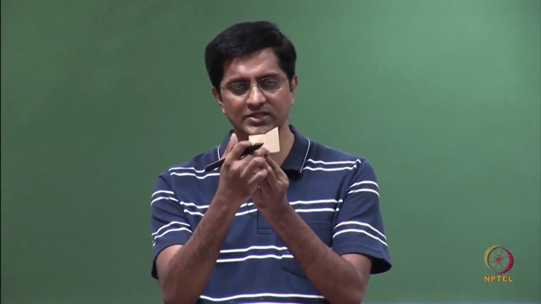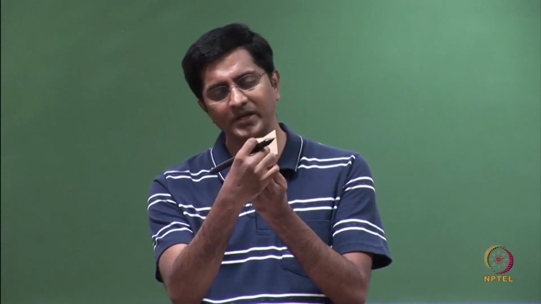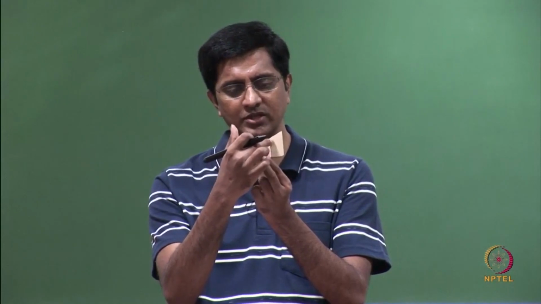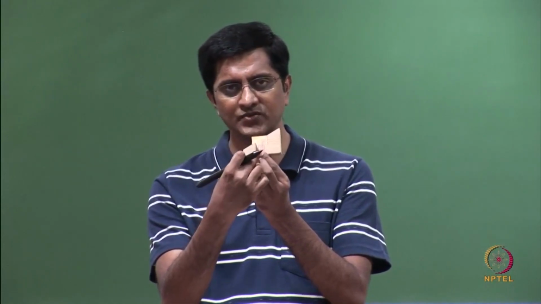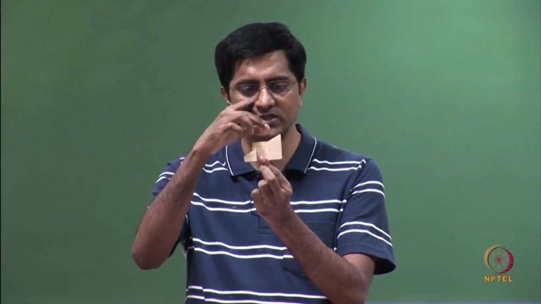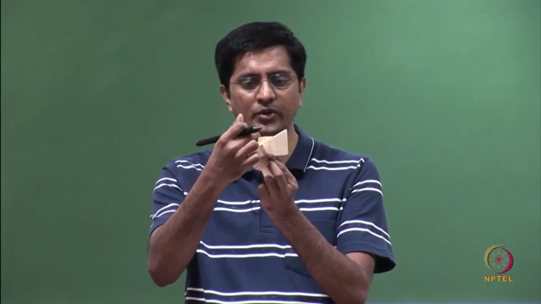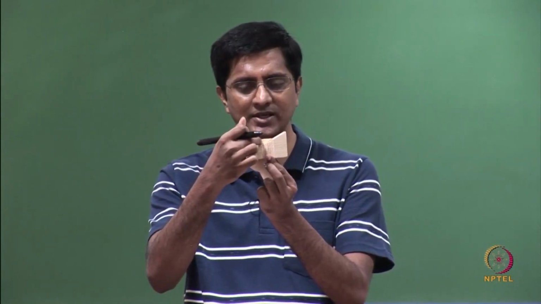We also see these edges, because there is a cut, there are 2 surfaces meeting at an edge, and we need to show this edge. We see edges 1 and 2, and since we know the dimensions, we can draw those 2 edges. But in addition to this, we also see this small triangular thing which is sitting on this inclined surface. So, in the front view, what do we capture? We capture a single triangle.